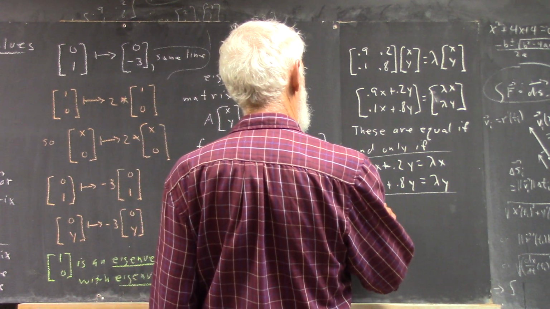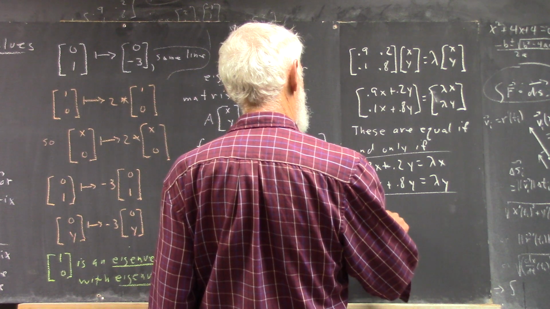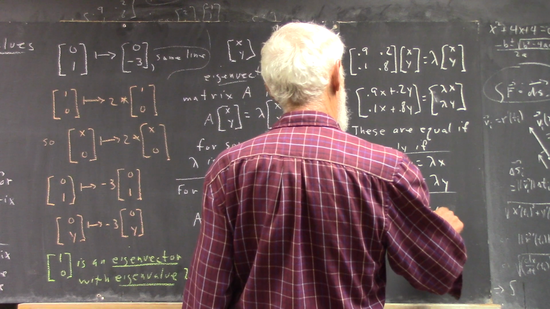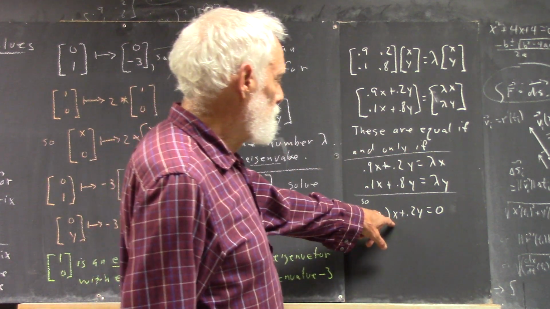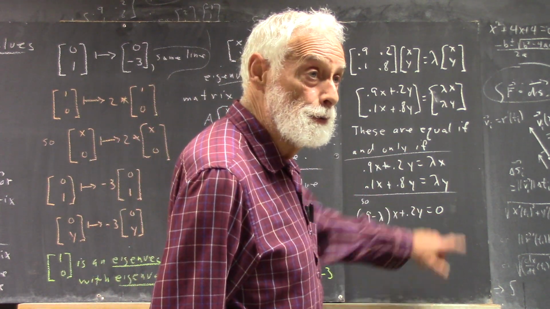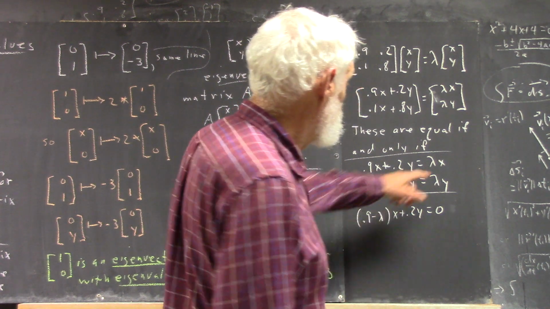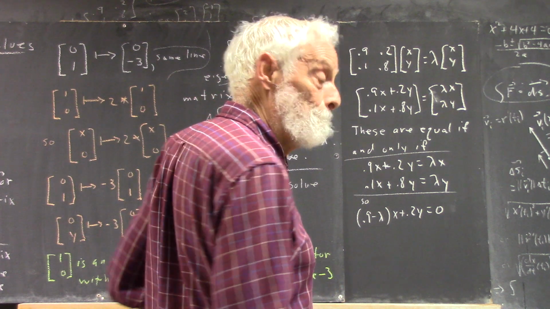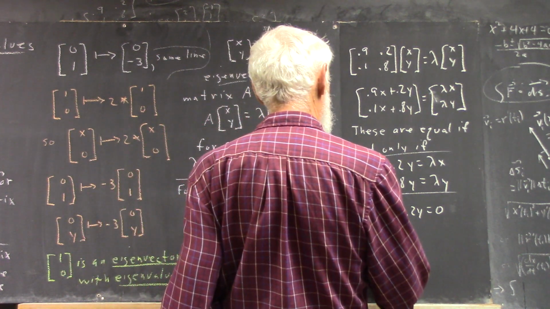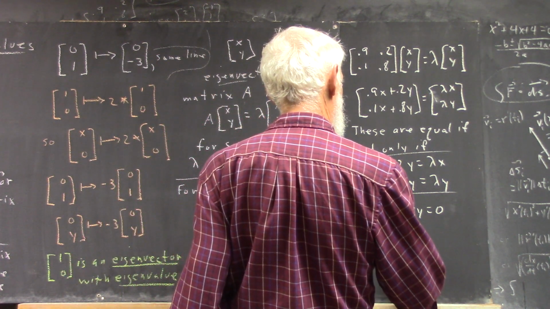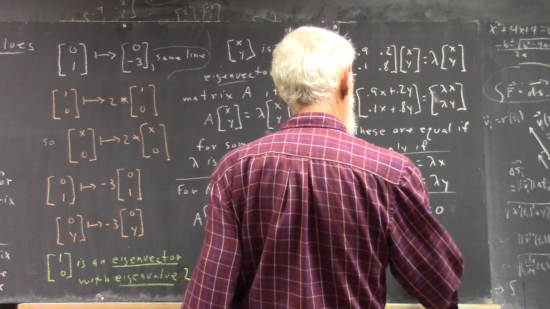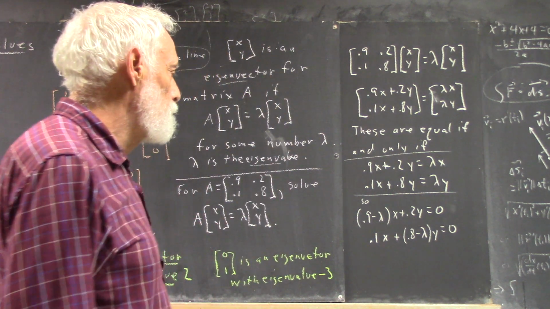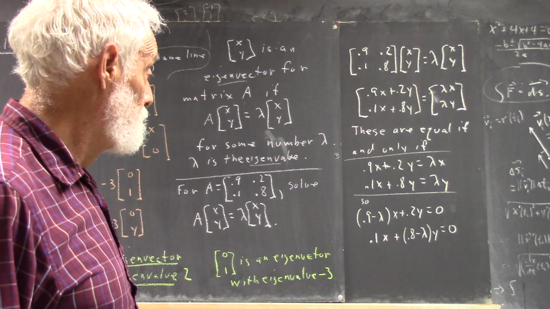So, (0.9 minus lambda) times x plus 0.2y equals 0. I'm just subtracting lambda x from both sides and factoring out the x, right? And 0.1x plus (0.8 minus lambda) times y also has to equal 0.